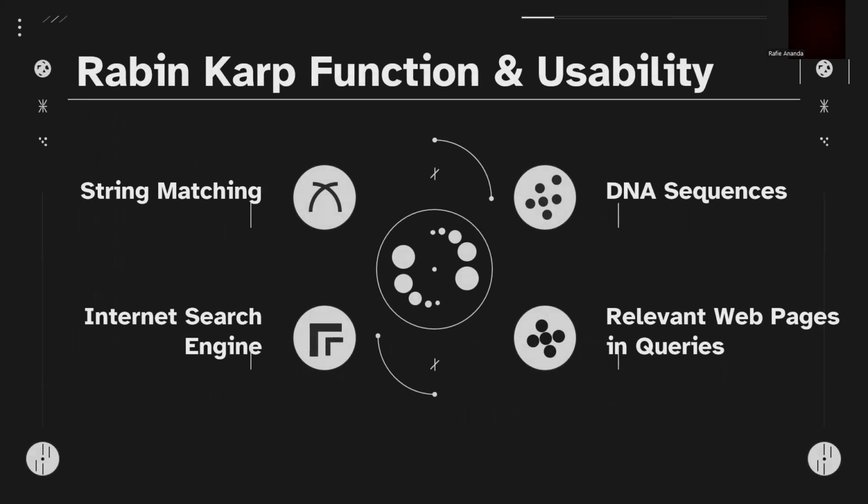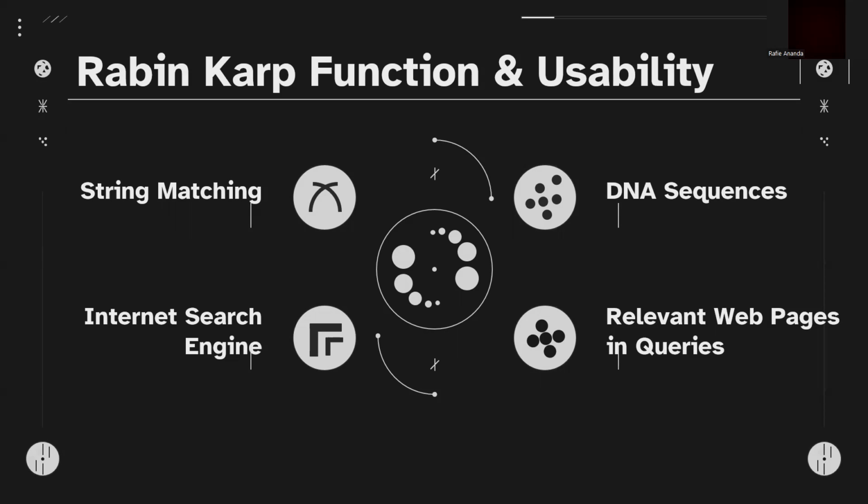Okay, Rabin Karp function and usability. With the abilities described above, we can say that Rabin Karp has a function for string matching. String matching is an important subject concerning text processing.